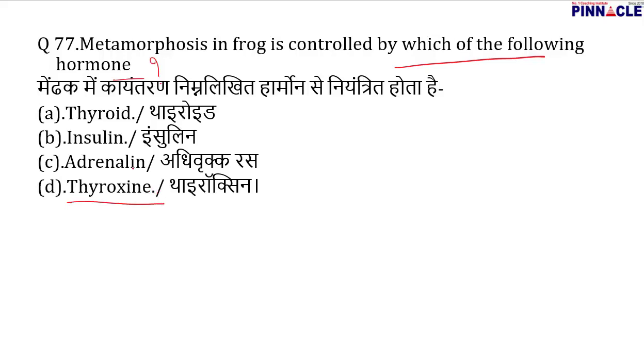Iodine is very much required for the secretion of thyroxine, and therefore if the water lacks iodine, many a time tadpoles cannot undergo metamorphosis and do not convert into adults. So always remember that thyroxine is responsible for metamorphosis in frogs and is secreted by the thyroid gland. So question number 77, D, that is thyroxine, is the correct option.